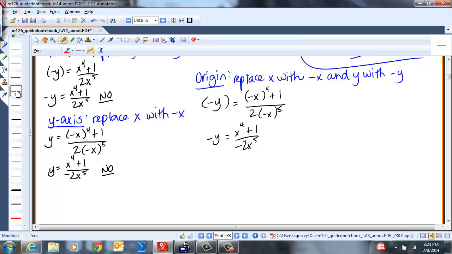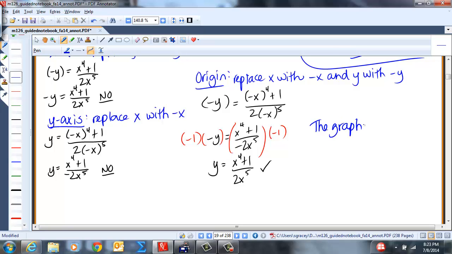If I multiply both sides of the equation by negative 1, then I will get y is equal to x to the fourth plus 1 over 2x to the fifth. So that one checks out. So the graph is symmetric with respect to the origin.